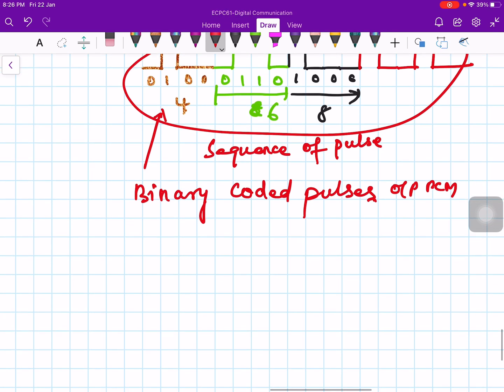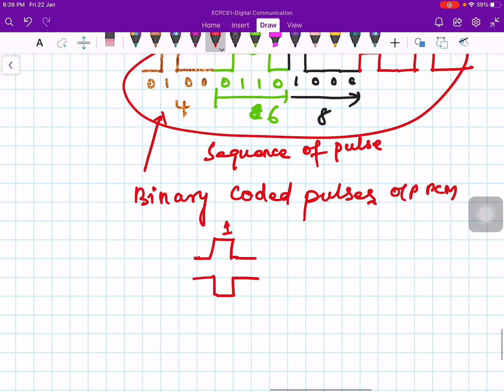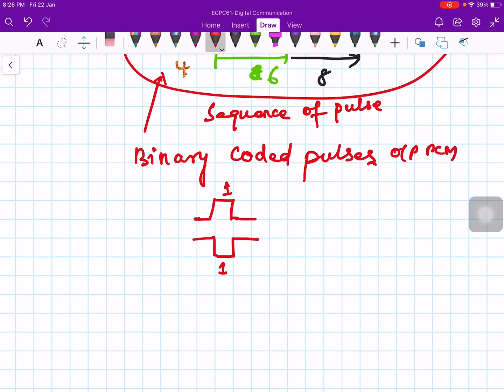Now you may ask a question, why should I choose this kind of pulse representation? See, there are many ways of doing it. I could represent 1 by a positive pulse like this, or I could represent 1 like this, whichever representation is more optimal for me, I can choose it. Or I can choose 1 as a half duration pulse like this, or like that.